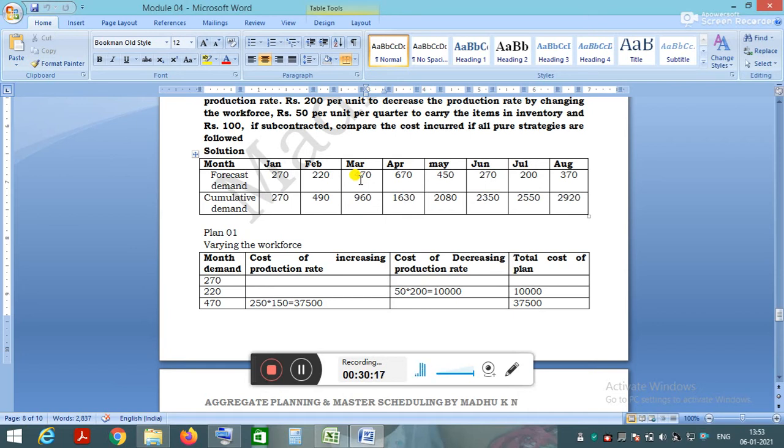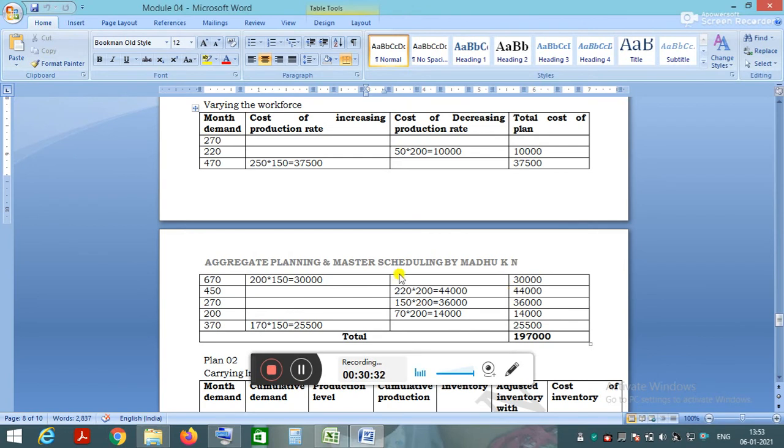Therefore, the cost of increase in the production rate, because it is increased from 220 to 470, is 250 into 150, which is 37,500. Similarly, wherever the demand is increased, multiply it by 150 and calculate the cost of increase in the production rate. Wherever the demand is decreased, multiply it by 200 and determine the cost of decrease in the production rate.